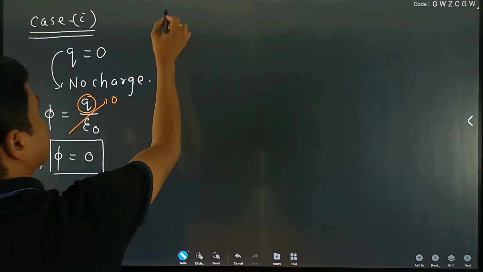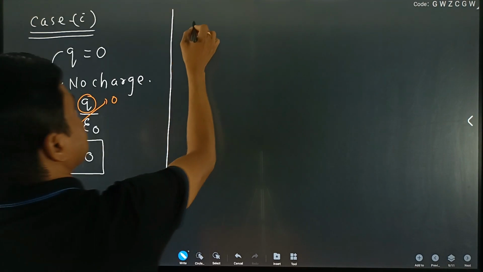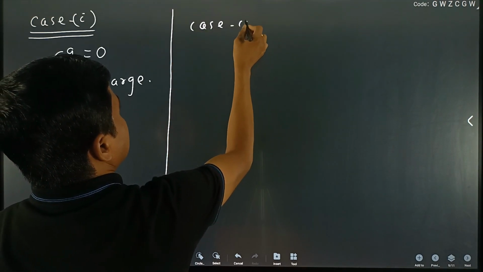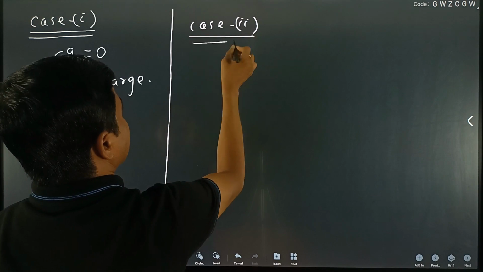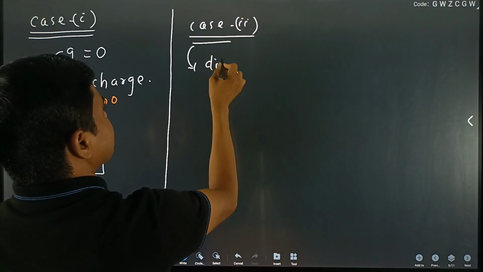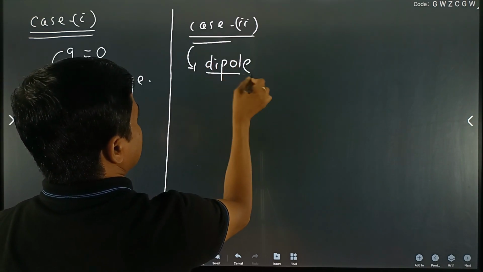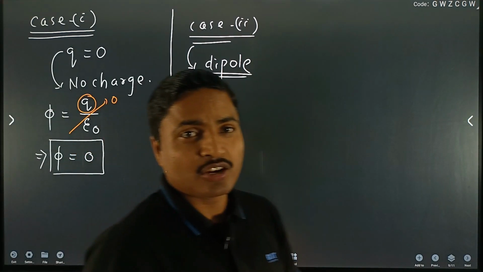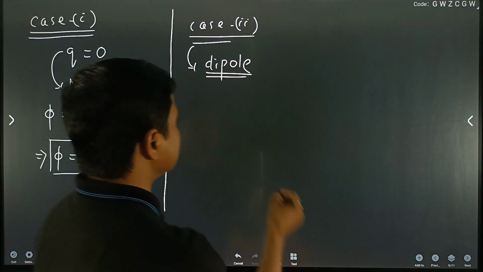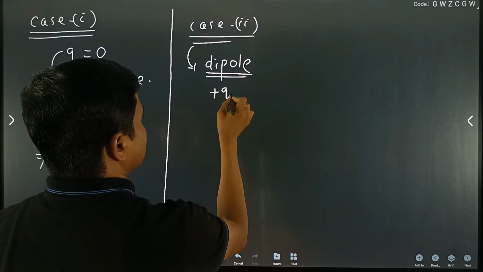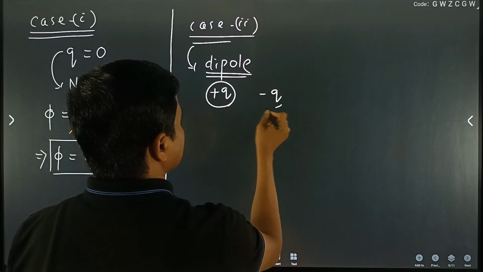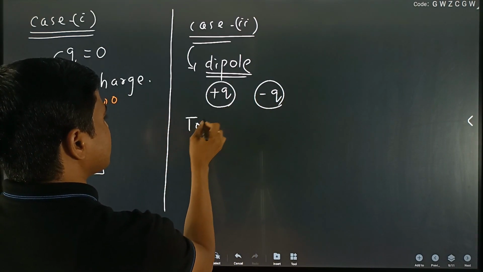And another case, second case. Suppose a dipole is there inside the closed surface. Dipole means one is plus Q and another is minus Q. Then what is the total charge?